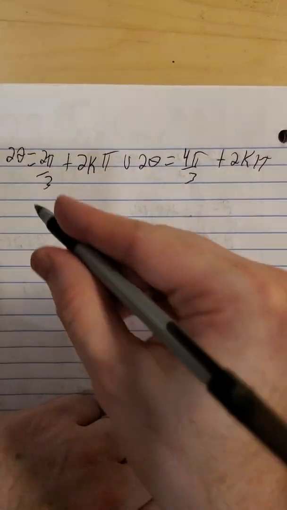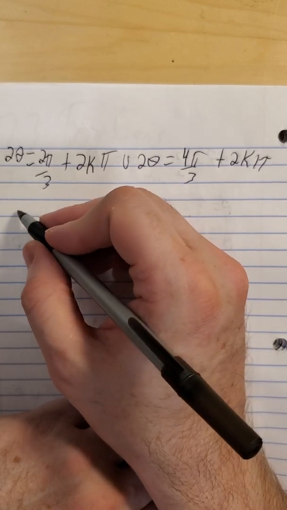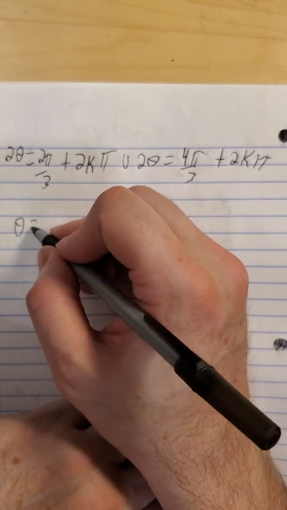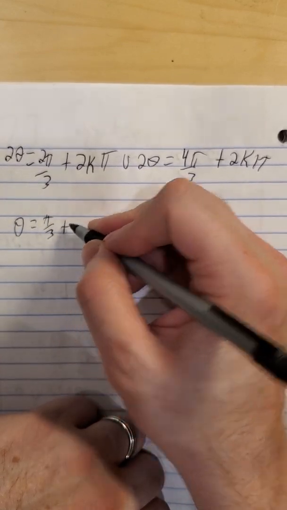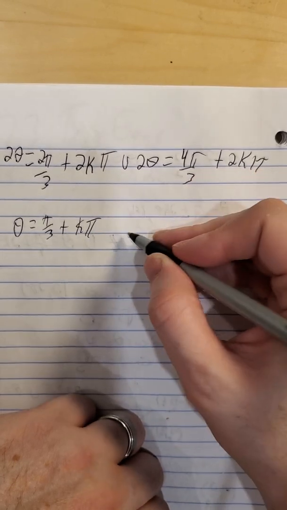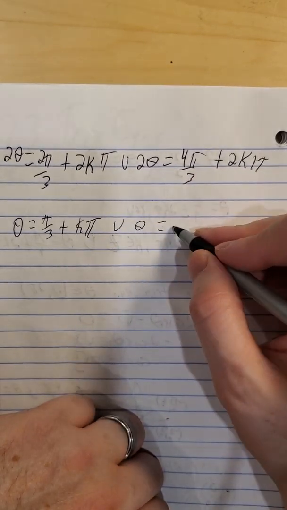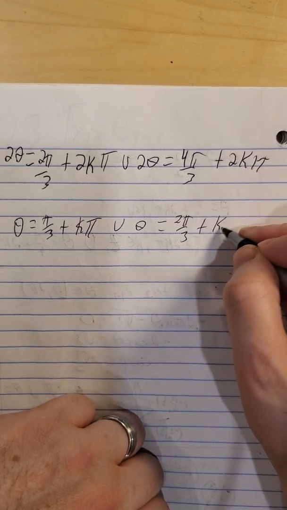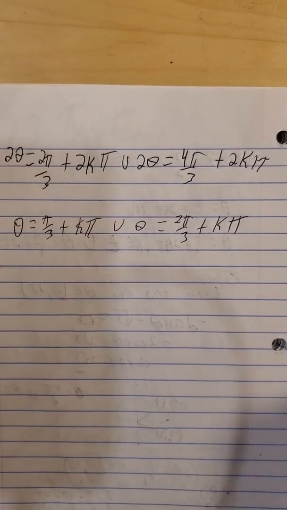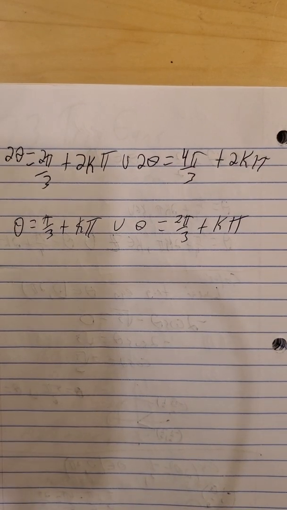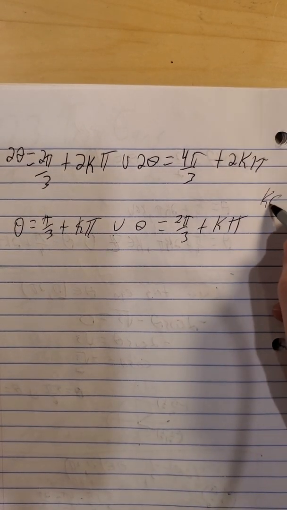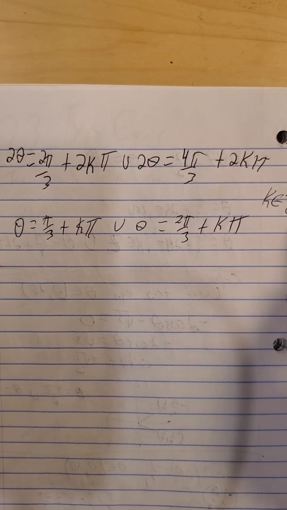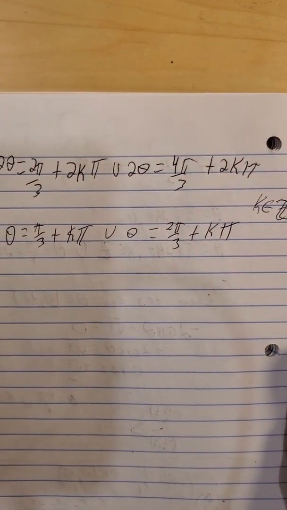Each of these we can divide by 2 to get theta by itself. So theta is pi over 3 plus k pi, or theta is 2 pi over 3 plus k pi. And of course, here k is in the set of integers, k is in Z.